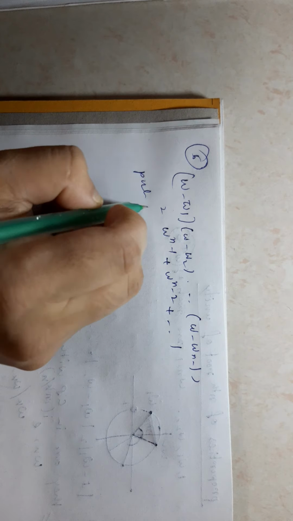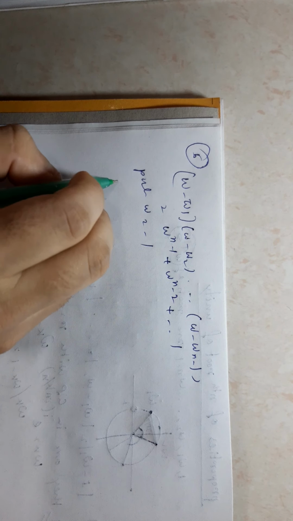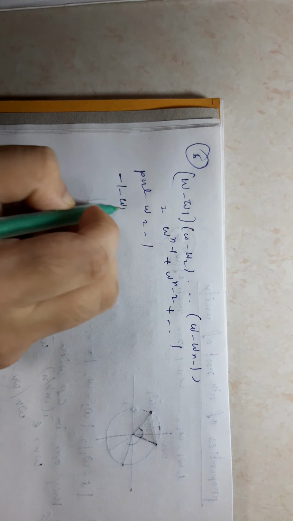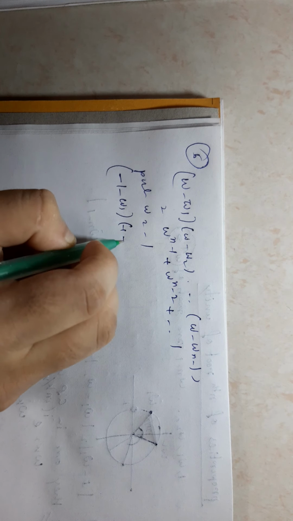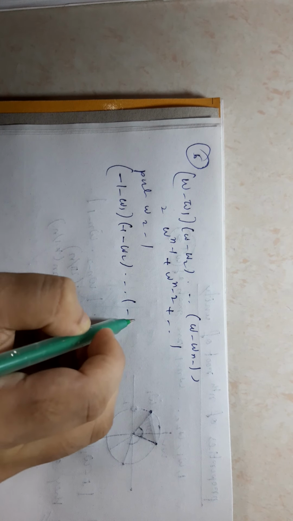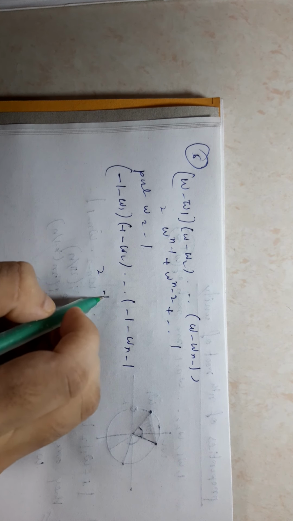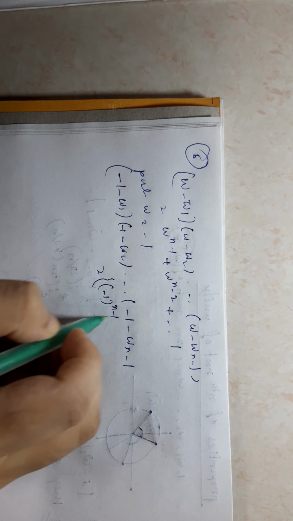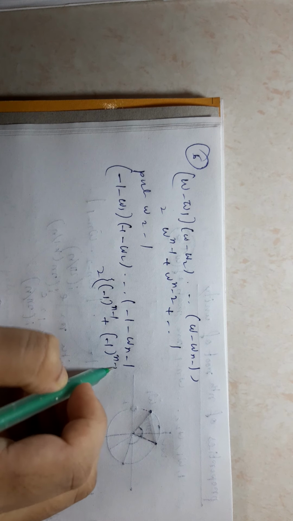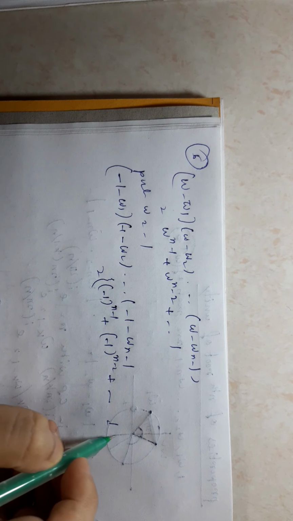So now put omega equal to minus 1. So it will be (minus 1 minus omega 1)(minus 1 minus omega 2) dot dot dot (minus 1 minus omega n minus 1) is equal to (minus 1) to the power n minus 1 plus (minus 1) to the power n minus 2 dot dot dot 1.